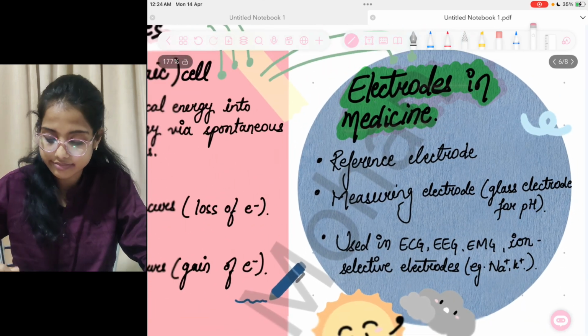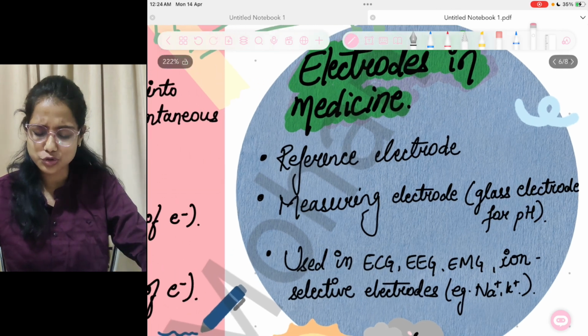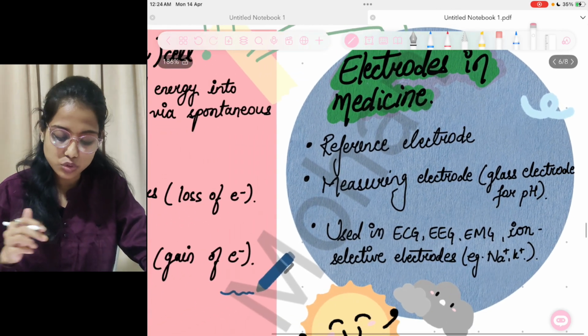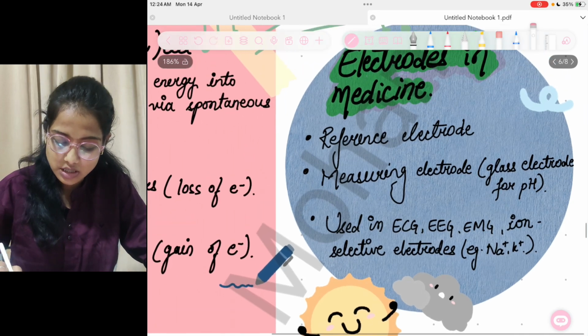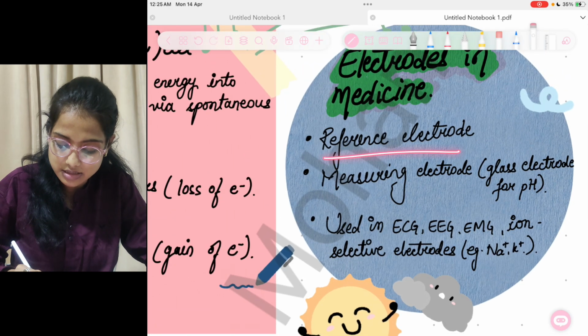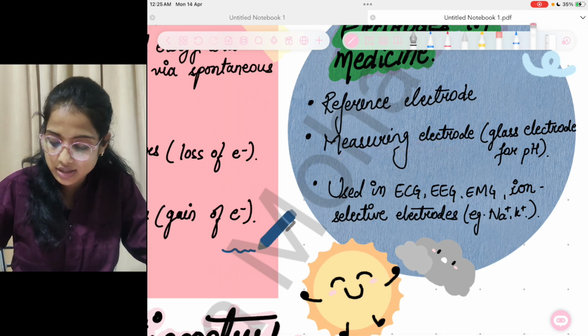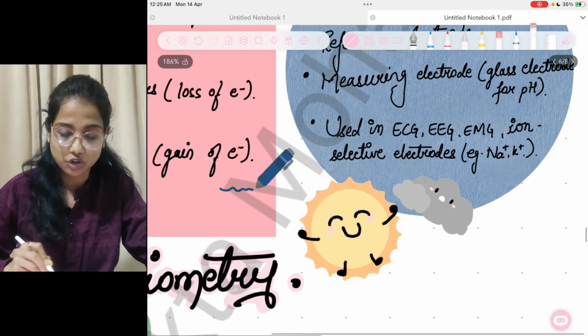Electrodes in medicine. After all, we all are medical students, so we should know the uses of these things in medicine also. So we use electrodes as reference electrodes, measuring electrodes, and for pH measurement, like we use glass electrodes.